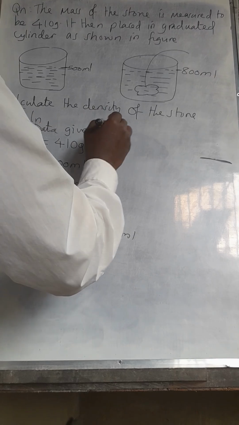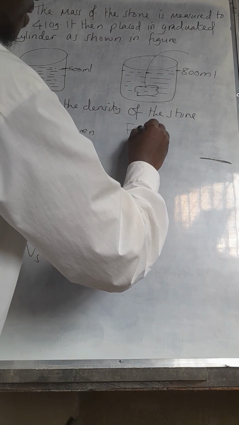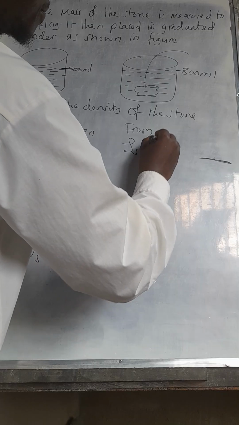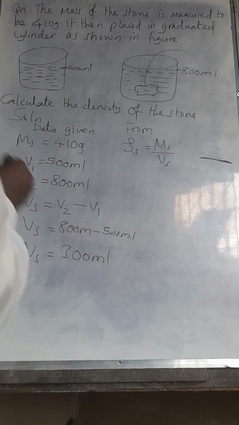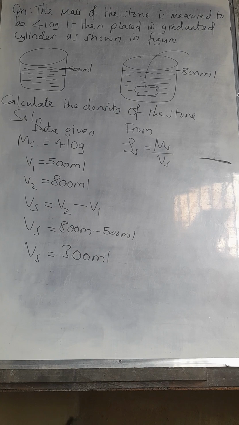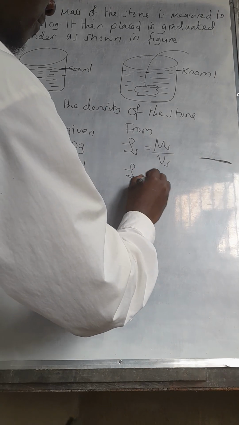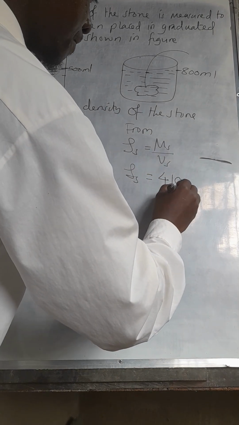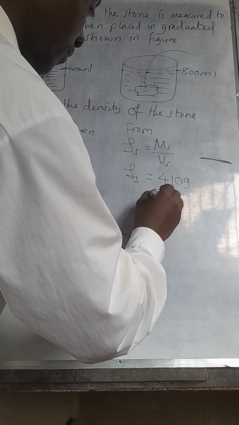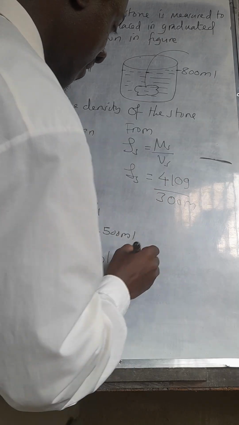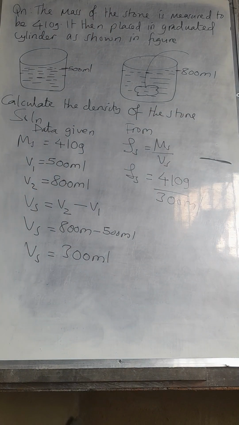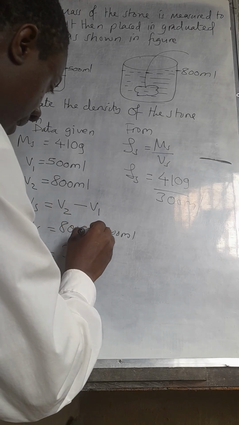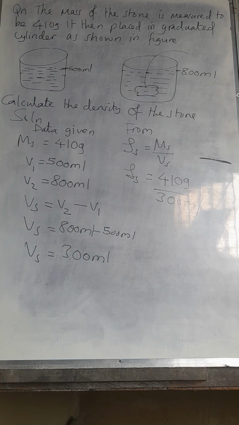Then after that, we can find out the density of the stone. We know from the formula that density of the stone is equal to mass of stone over volume of stone. So the density of the stone is almost 410 gram divided by almost 300 mL, which is the volume of the stone we got from the difference between 800 mL minus 500 mL.